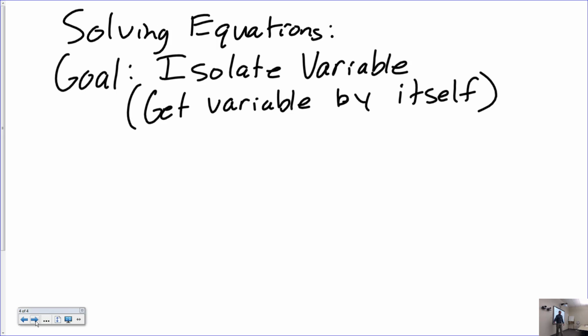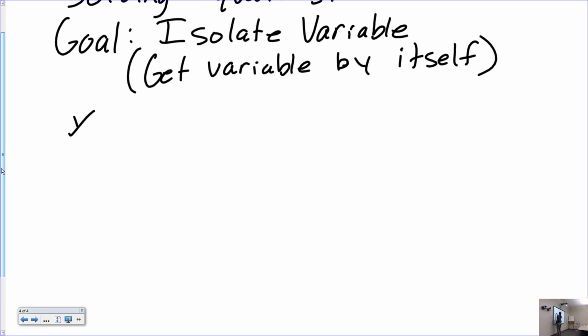The idea is to just get the variable by itself on either side of the equal sign. Note, folks, that it doesn't matter where the variable is by itself, on the left-hand side or the right-hand side, perfectly fine. That's our goal. All right? So, let's do it.